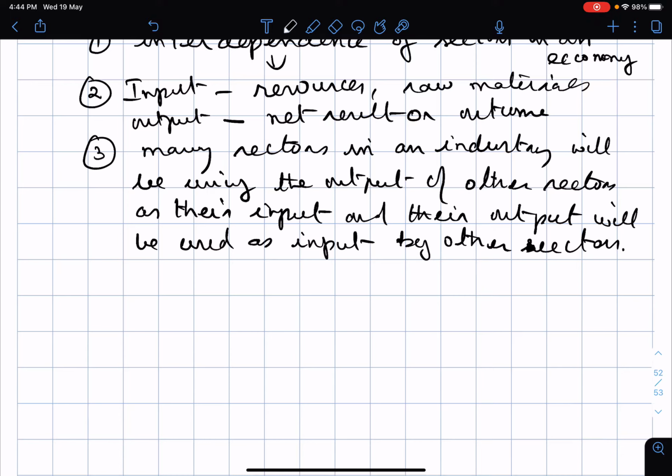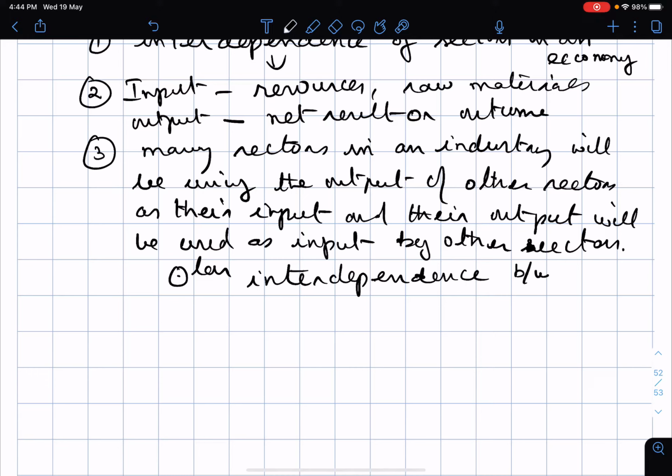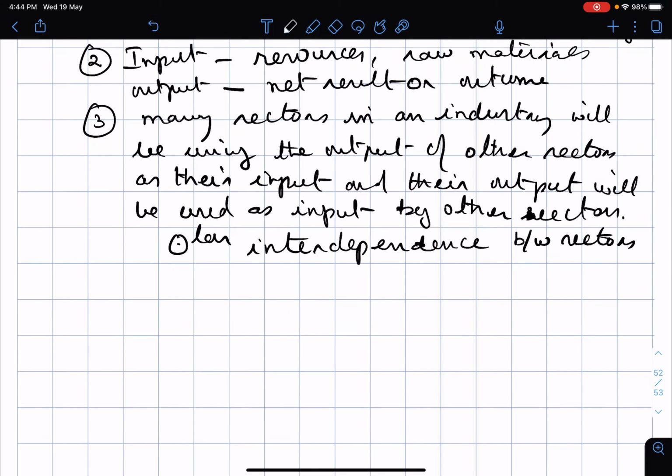This is what is called interdependence. So there is a circular interdependence, which you will understand when I go through the table with an example. This is very common in the economy, though it may not always be the same. One input can be used to produce one outcome also. They need not use the others' inputs or outputs for their sectors. But most common is this circular interdependence between sectors.